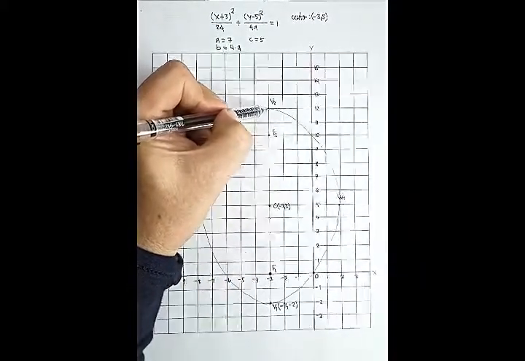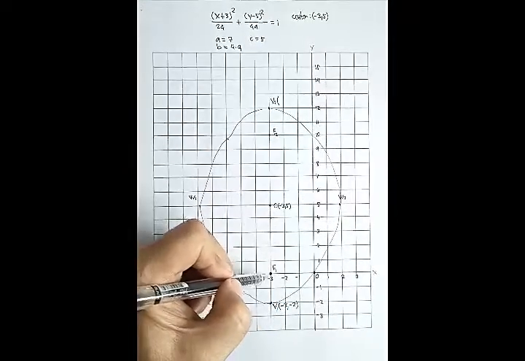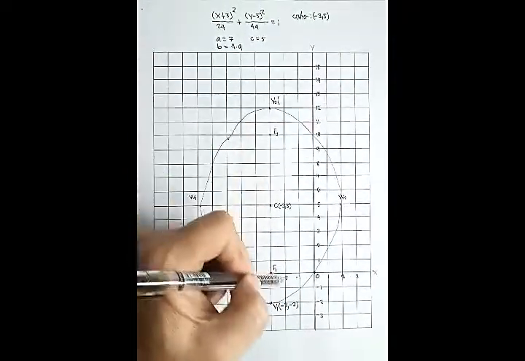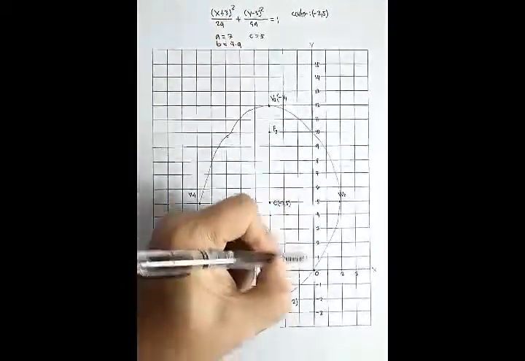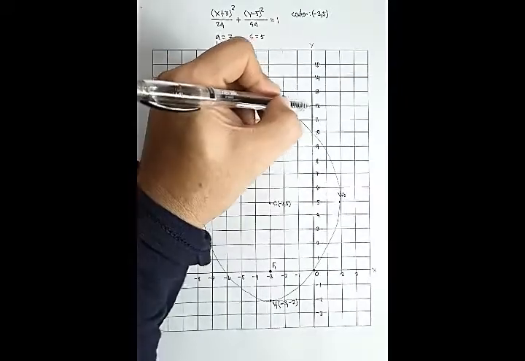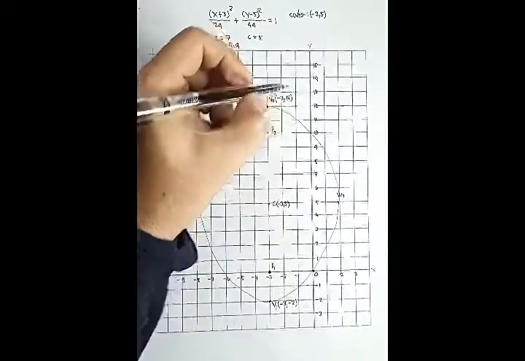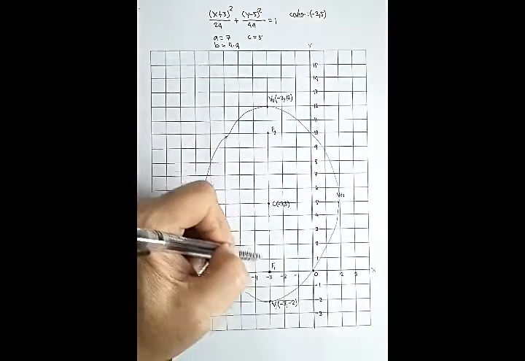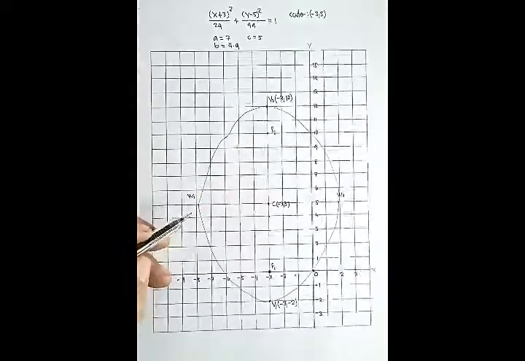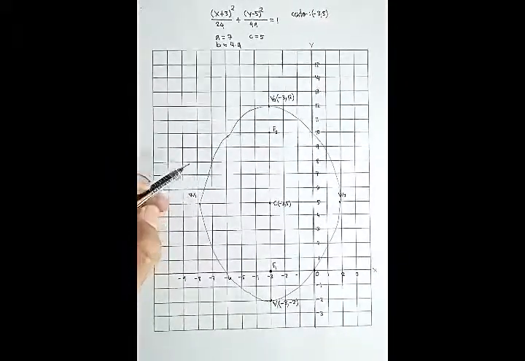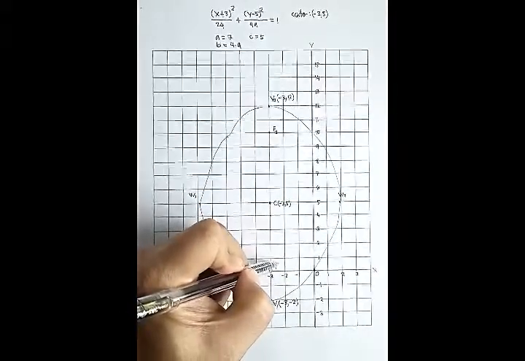Then atong V2, along the x-axis it is also -3. Then along the y-axis it is 12. So -3, 12. How about our F1? Kaning nasayon sa mo itong kunon.